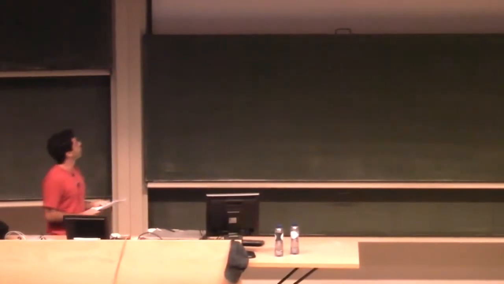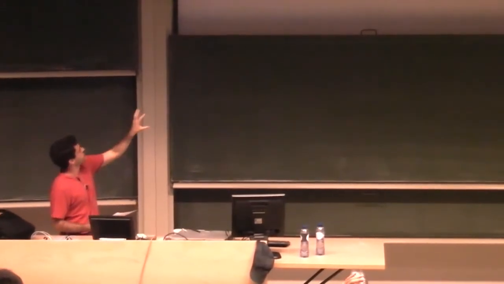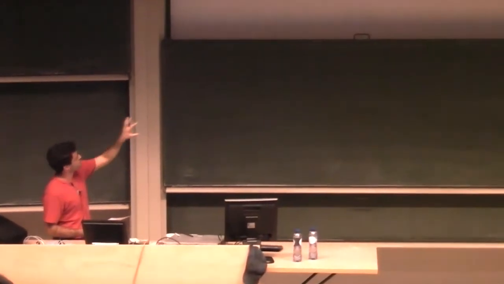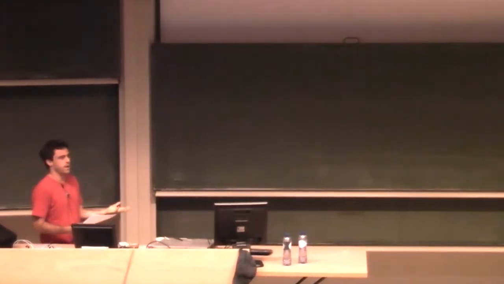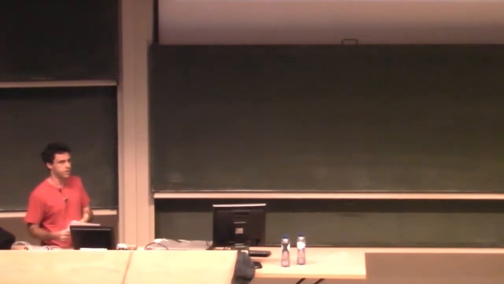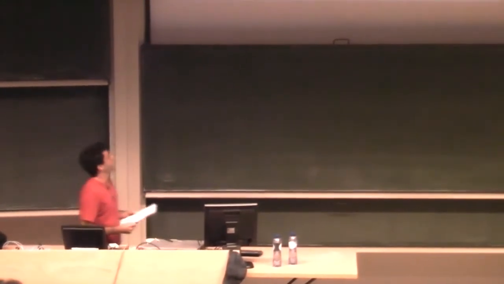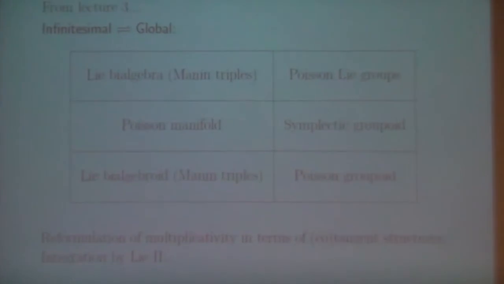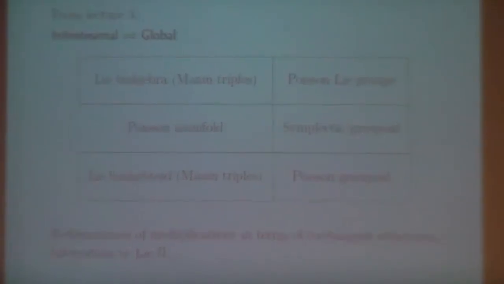When you go from infinitesimal to global, if you think about Poisson manifolds and symplectic groupoids, or bialgebroids and Poisson groupoids, you simplify the geometry, in the sense that symplectic structures are very particular cases of Poisson structures, but you pay a price, which is that now you work on a groupoid rather than just on a manifold, thinking of a manifold as a very simple kind of groupoid.